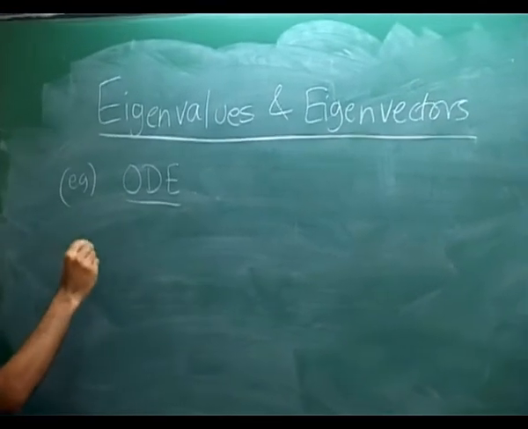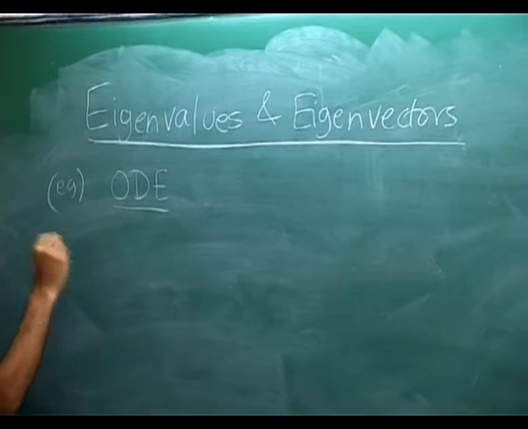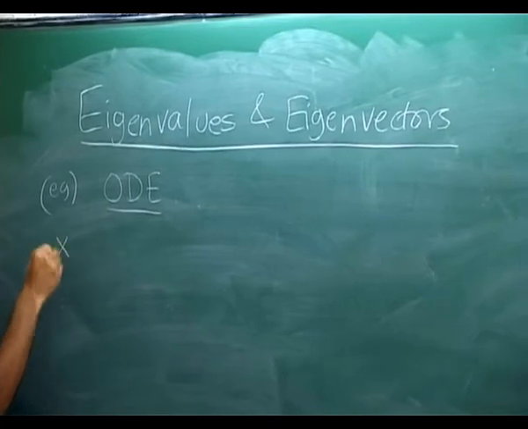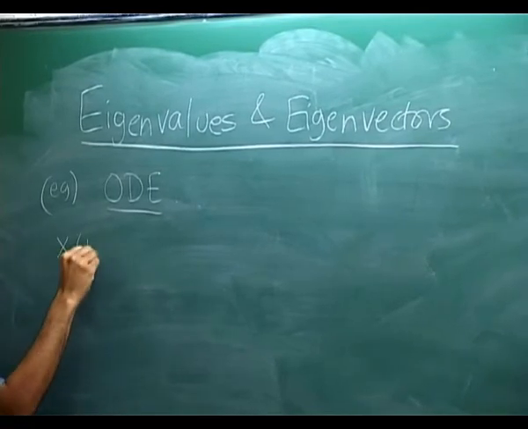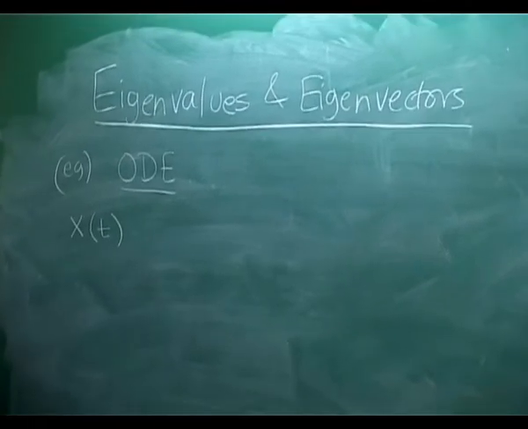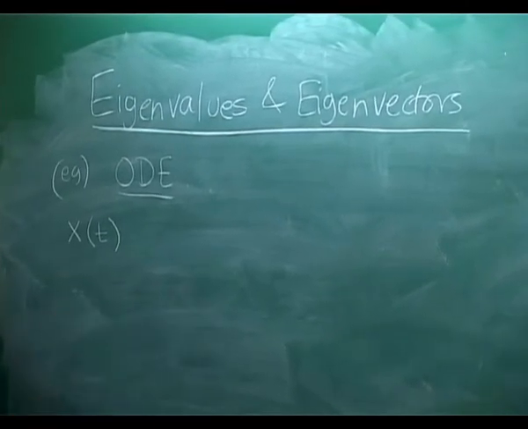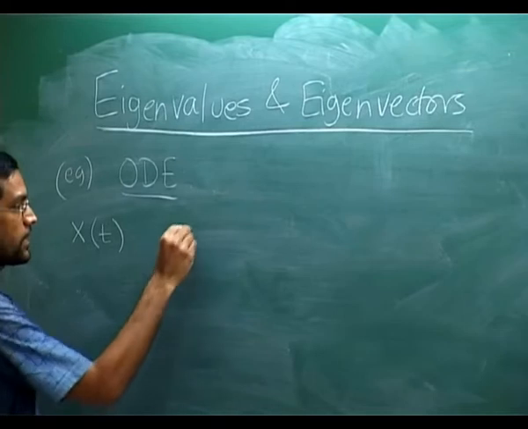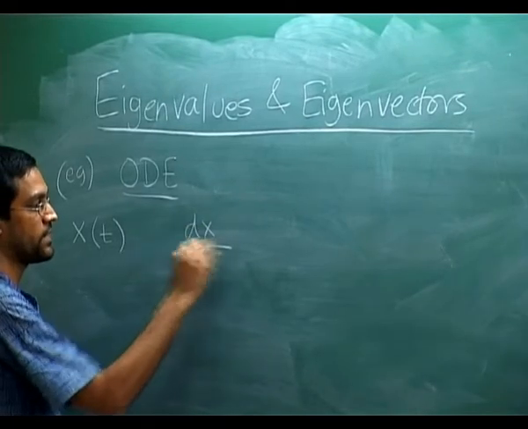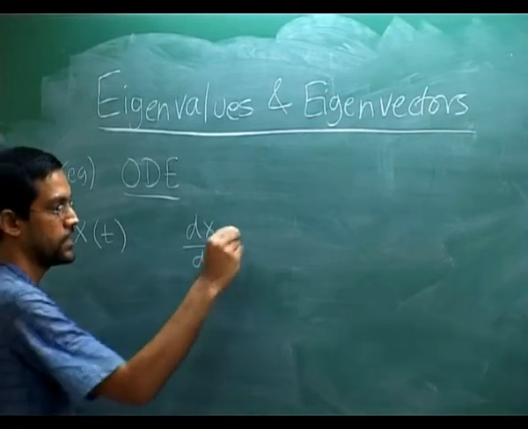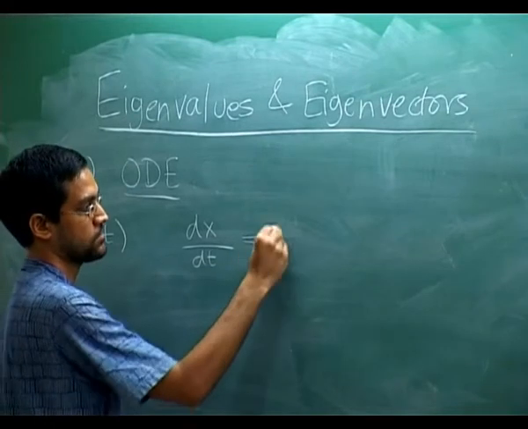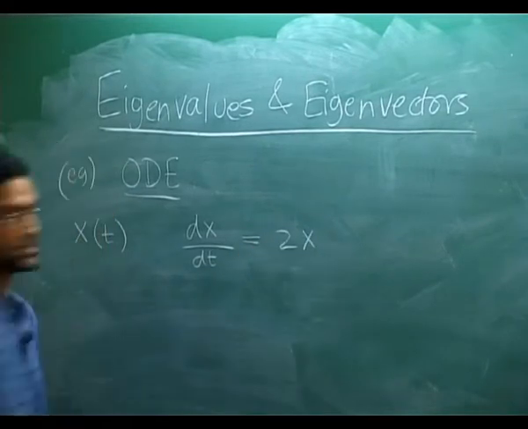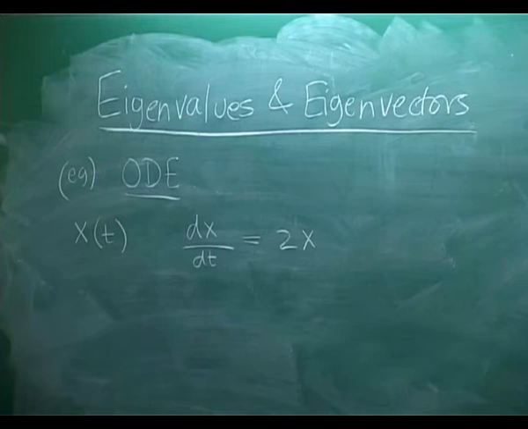So let's say the simplest kinds of equations are the following. For me, t is the variable, so I'm going to think of x as a function of t. The simplest kinds of differential equations are ones where I only have one derivative. So dx/dt is, let's say, some multiple of x. For example, dx/dt equals 2x. This is a very simple differential equation, right?